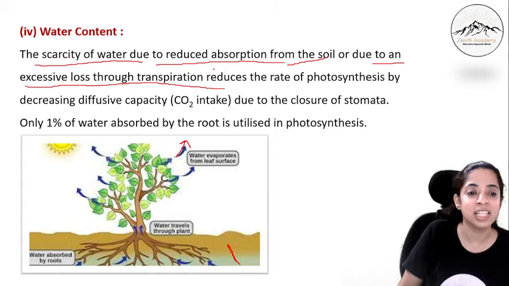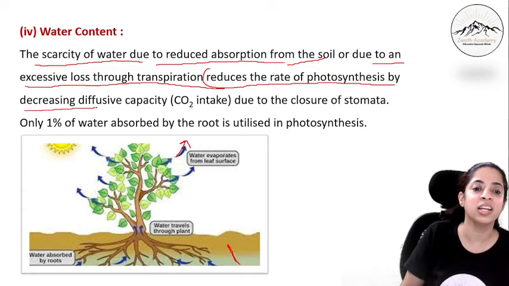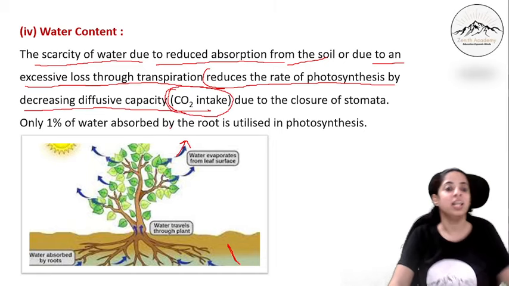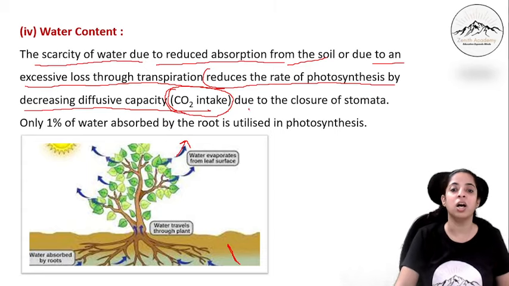And this scarcity of water reduces the rate of photosynthesis. Why? By decreasing the diffusive capacity, that is carbon dioxide का intake ही कम हो जाएगा. जो carbon dioxide diffuse होके अंदर आ रहा है वो कम हो जाएगा because of the closure of stomata.